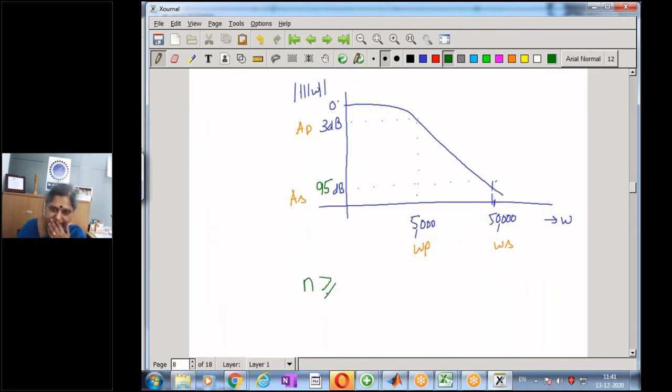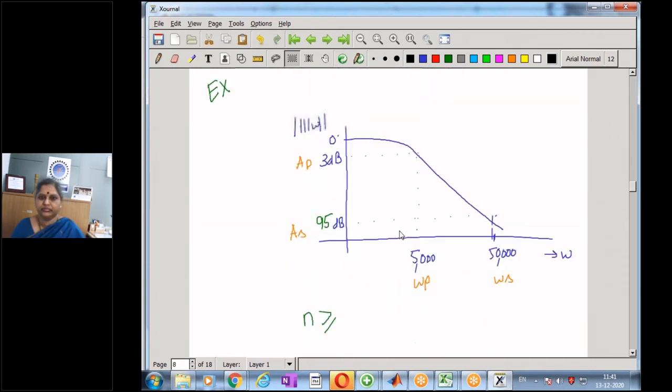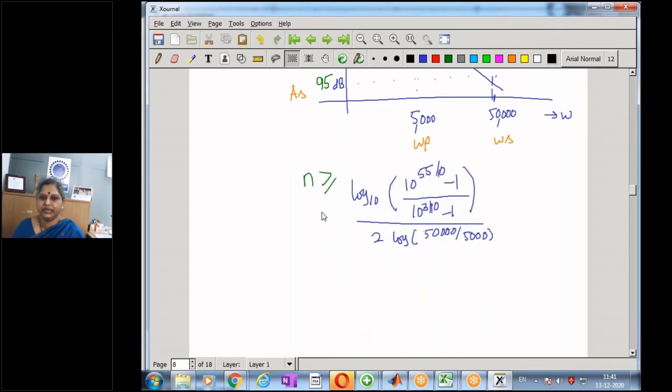So N should be greater than or equal to, we'll put in the values. I have all my terms identical. All that I have changed is one term: instead of 55, I changed it to 95, and everything else is the same, 5,000, 50,000, everything.